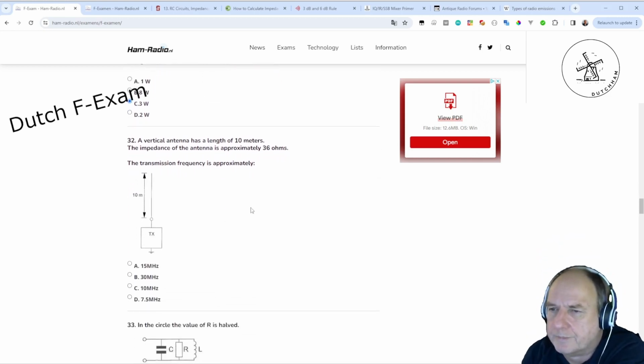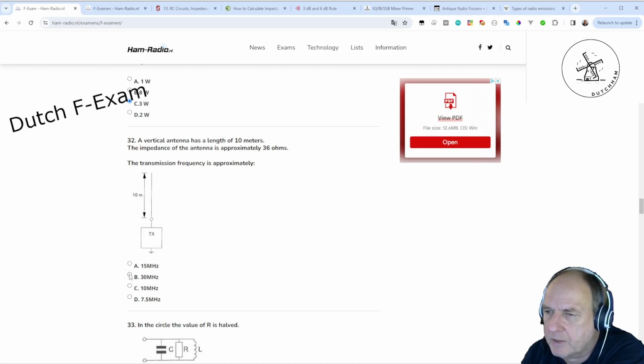Okay, next question. A vertical antenna has a length of 10 meters. The impedance of the antenna is approximately 36 ohms. The transmission frequency is approximately... I would say 30 megahertz.